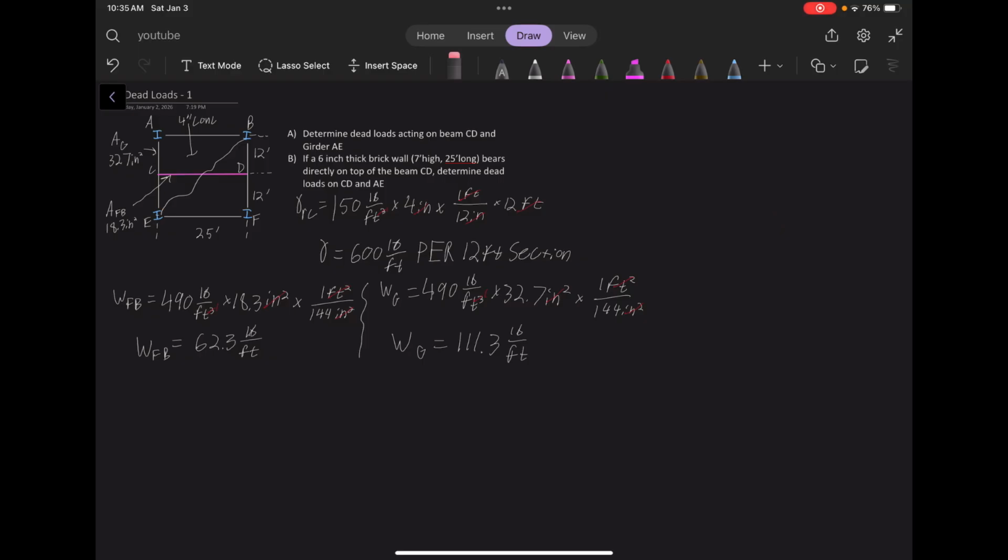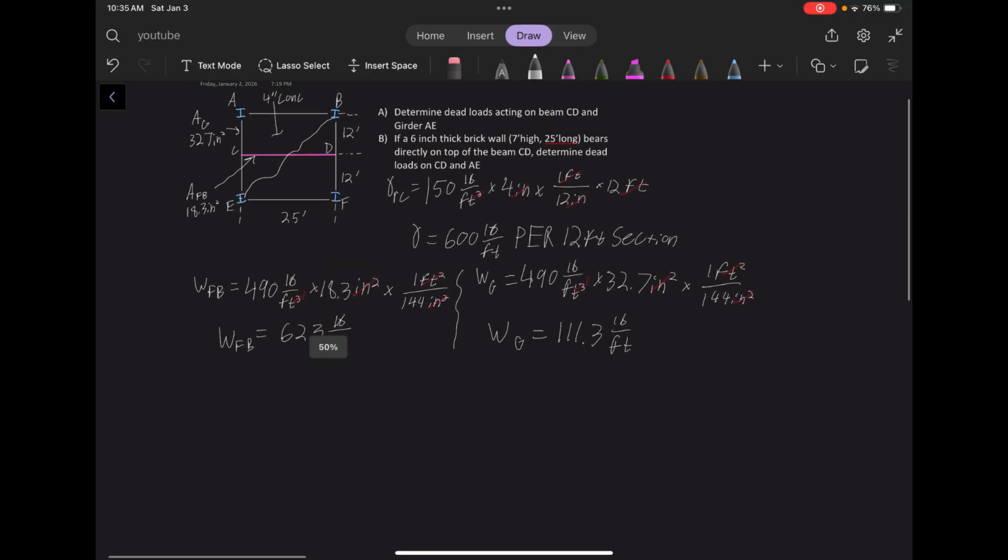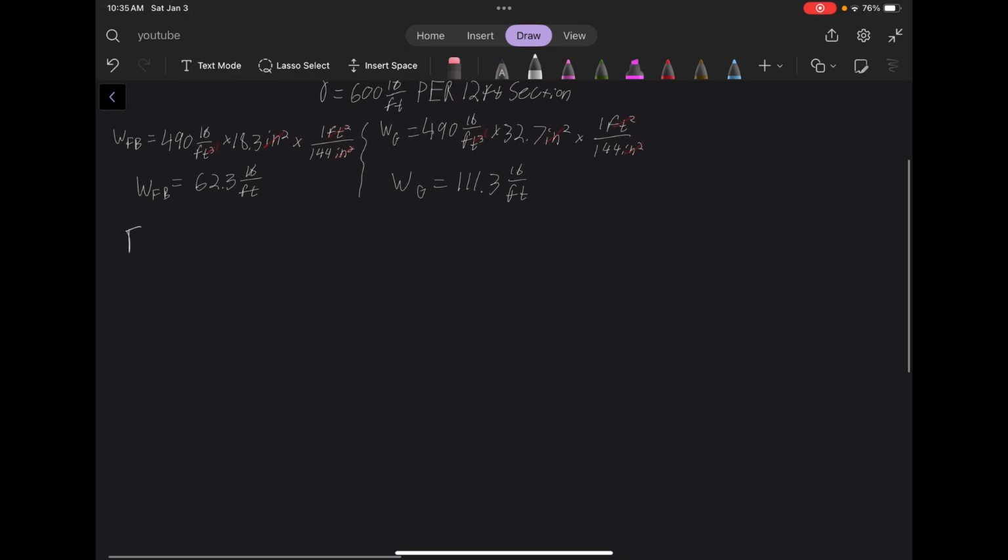So we're going to analyze the floor beam first. So let's do exactly that. I'm going to do floor beam C to D. So let's look at the beam.